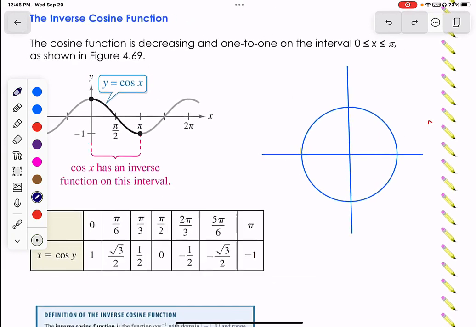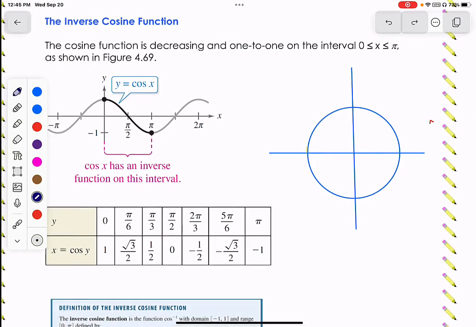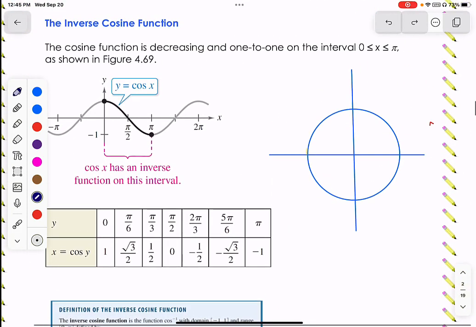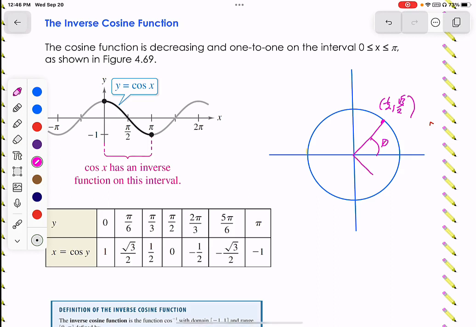So let's go ahead and look at our inverse cosine function. Again, if I ask you what angle has a cosine of 1/2, well, if it has a cosine of 1/2, it's going to have a sine of the square root of 3 over 2, and that's this angle. But also I can go down here and notice this also has a cosine of 1/2. The sine is negative the square root of 3 over 2.